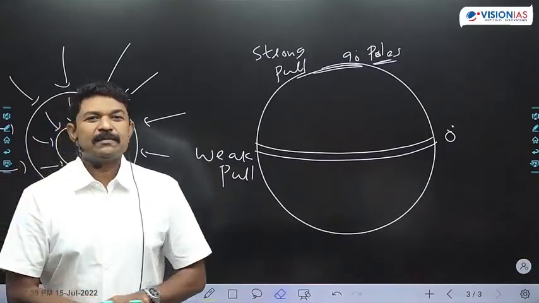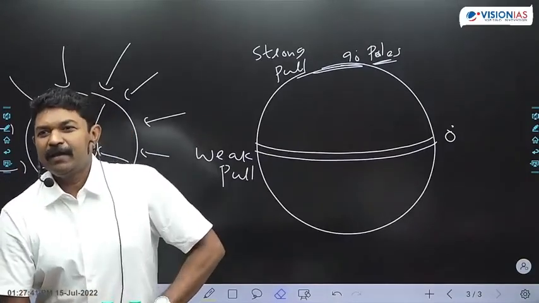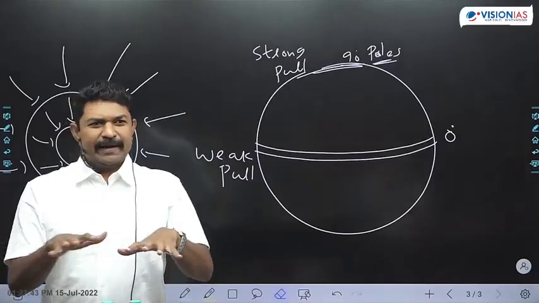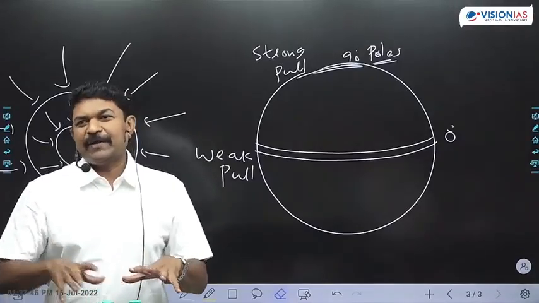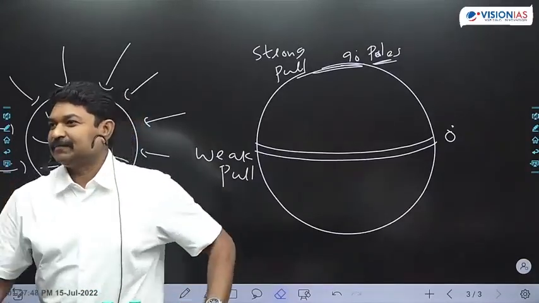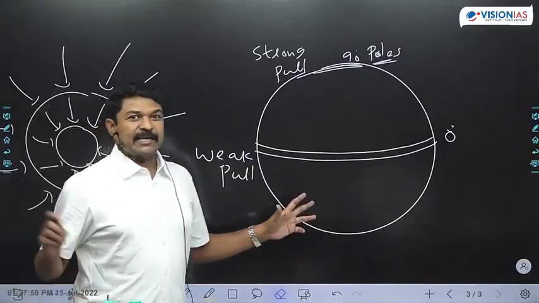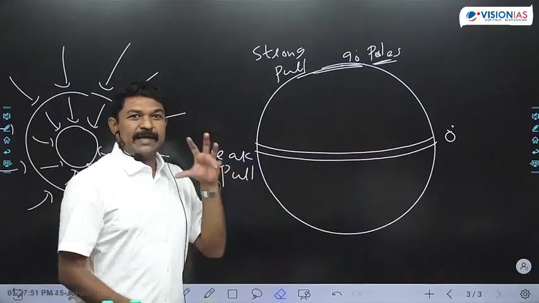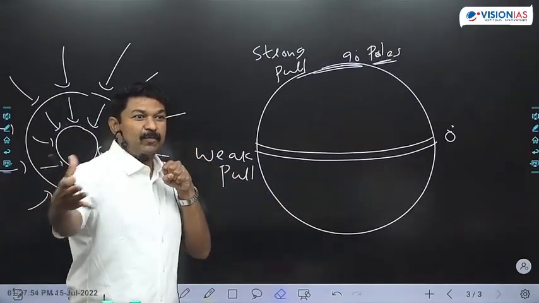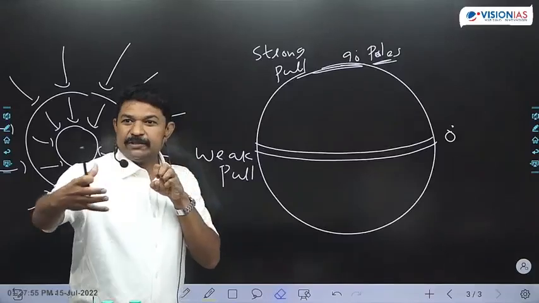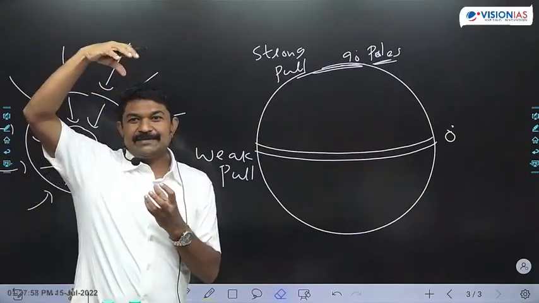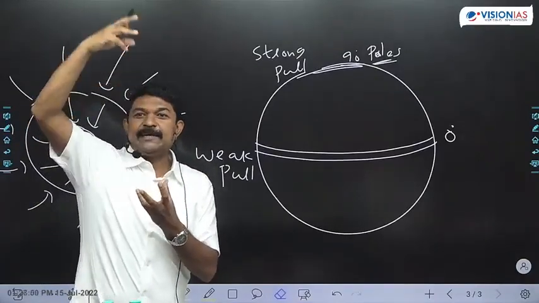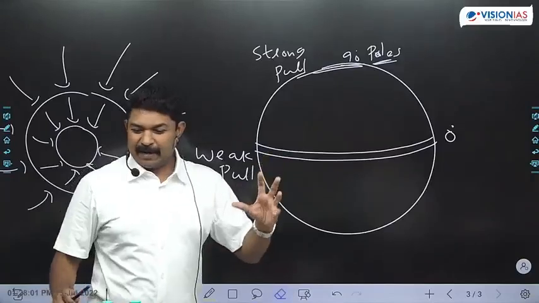Understand it in a very simple way, so that you get very good clarity. When I use words like surface area, and the energy applied over a larger surface area, the force is weak. When the surface area is less, the force exerted is more. When I say this, people are unable to understand.